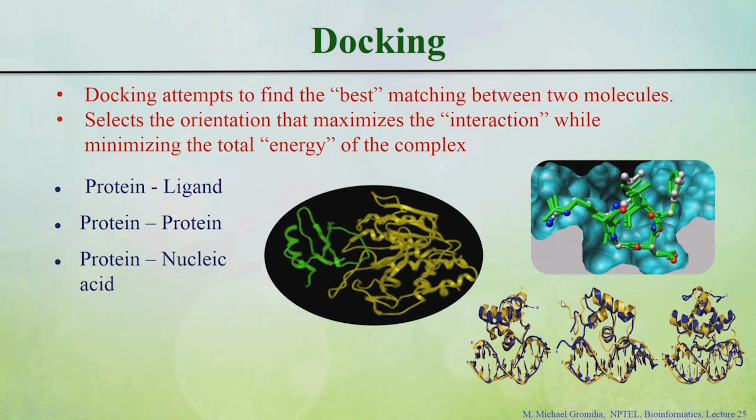It is a kind of lock and key mechanism. You can say shape complementarity. For example, if you have a binding site like this, then you can find the ligand which can interact with that particular place, like the shape complementarity.